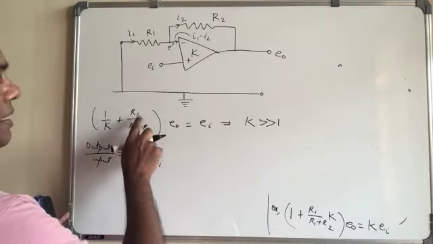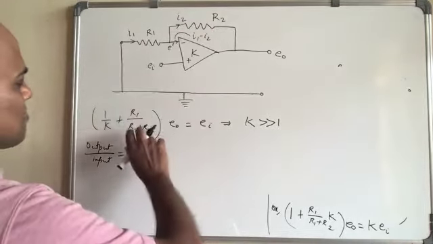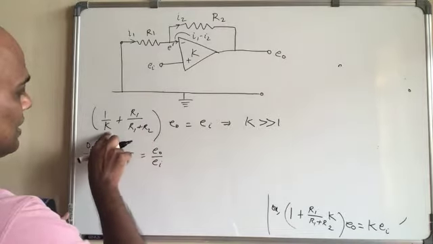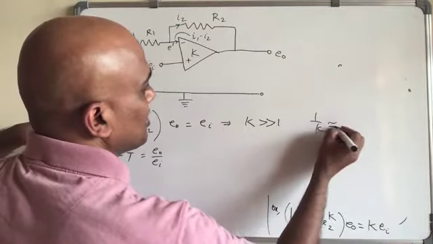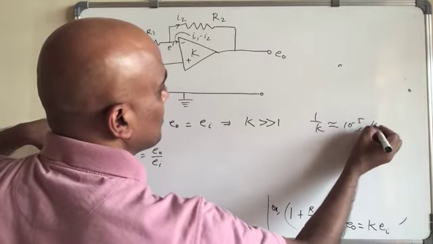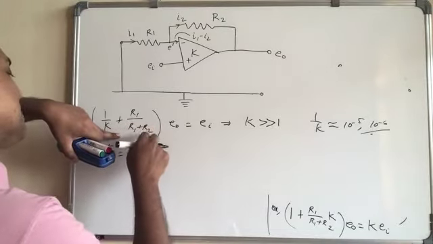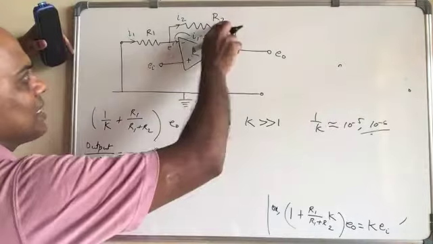The values we are interested in will not be comparable to K, meaning 1 over K will be on the order of 10 to the power minus 5 or 10 to the power minus 6. However, for R1 divided by R1 plus R2, we are not expecting so much.